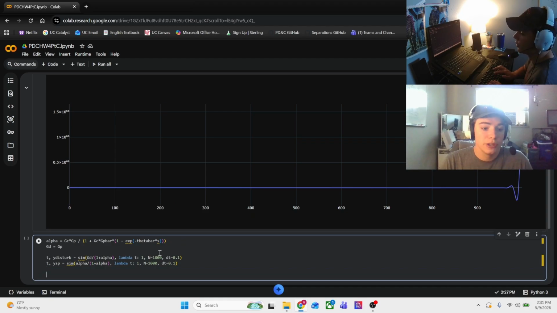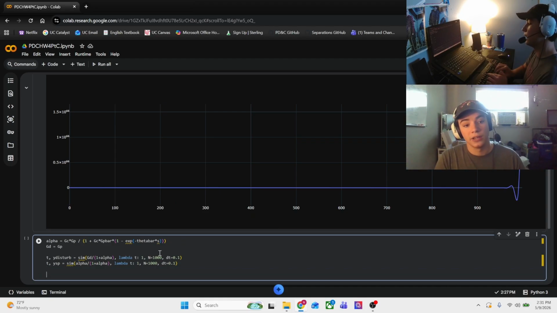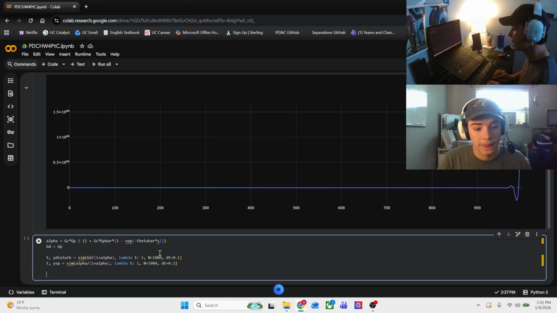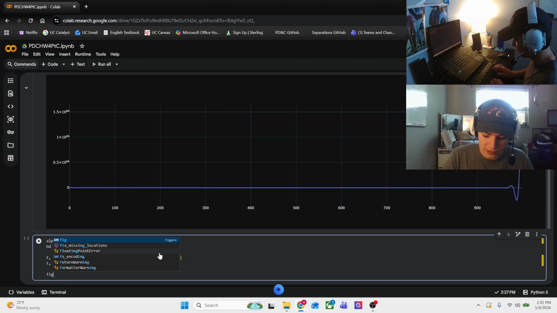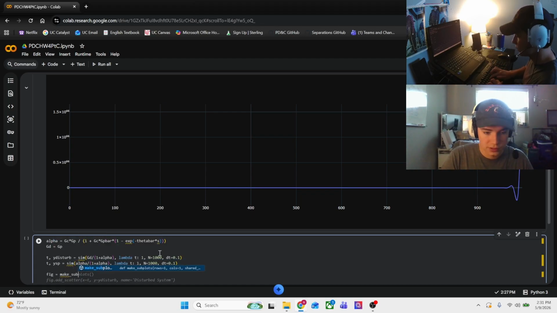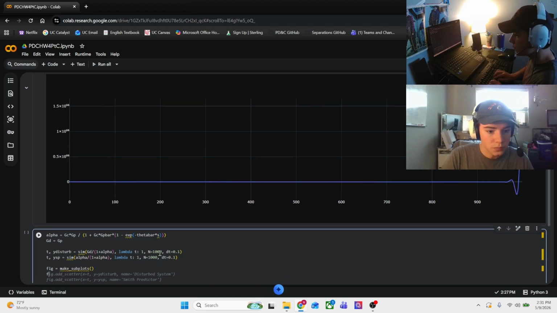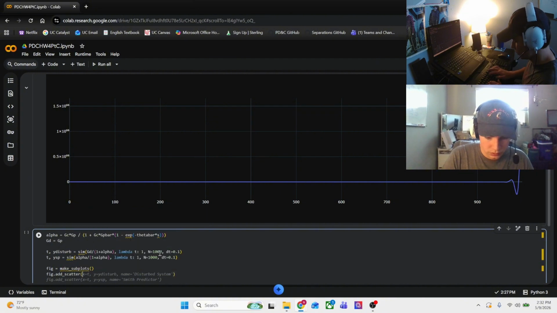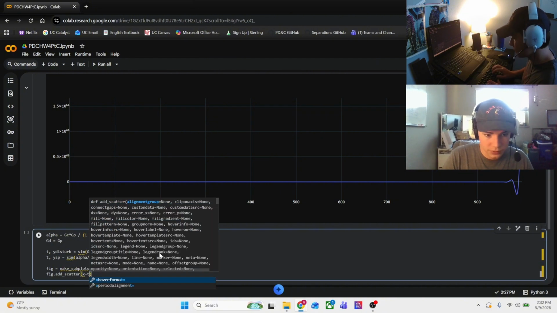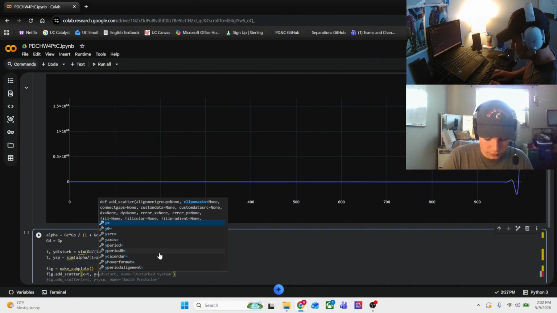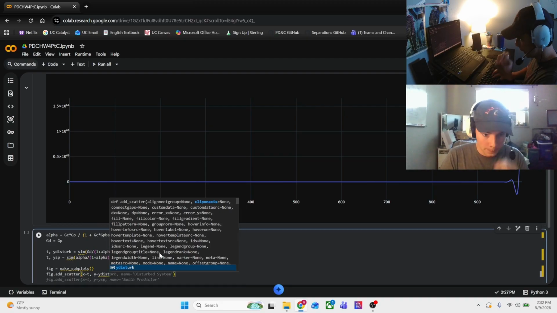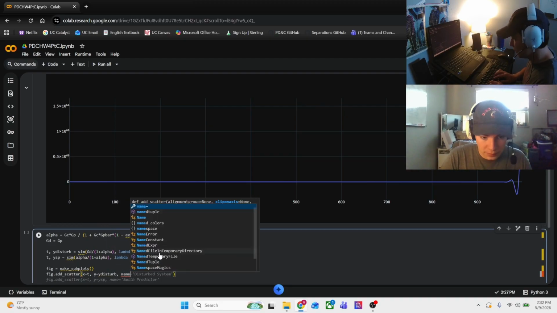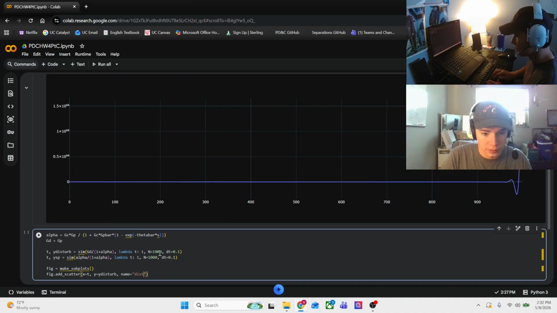Fantastic. And now we're going to go ahead and plot these out so we can compare them to our model without the dead time compensation. So we're going to again say fig equals make subplots. Do fig dot add scatter. Our x is going to equal t. Our y is going to equal y disturb. And our name is going to be our disturbance.